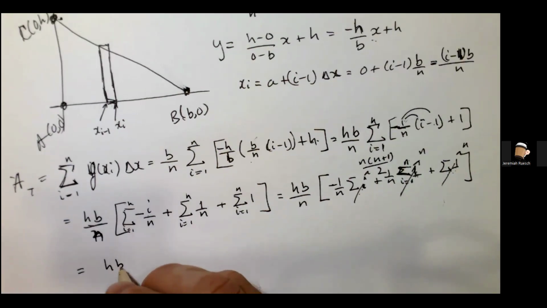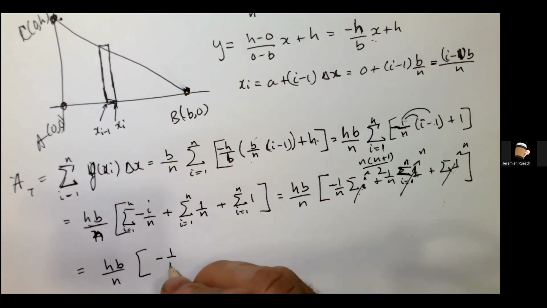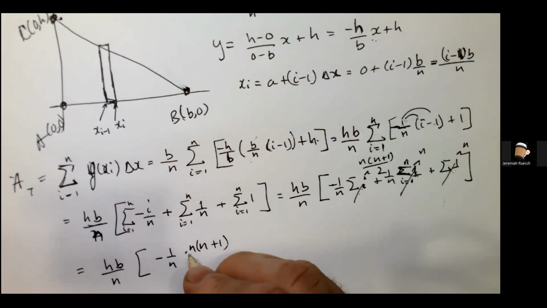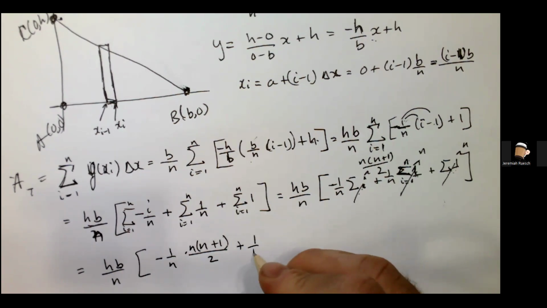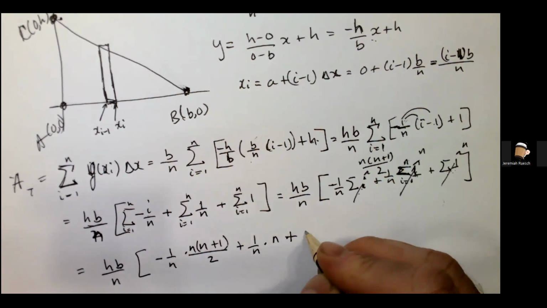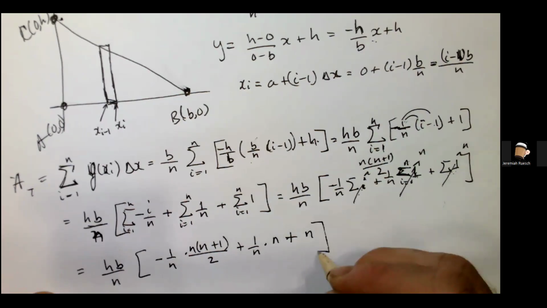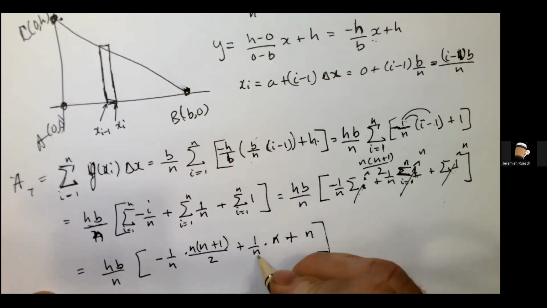So I have hb over n, and I have a negative 1 over n times n plus 1 times n over 2, plus 1 over n times n, and then plus n. Okay. All right, so the n's here cancel, and I'm left with just 1.